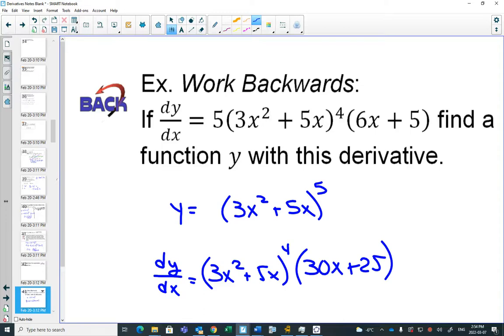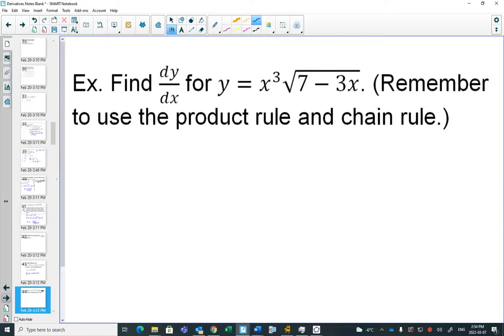Okay. We've done some basic chain rules. And now we can start incorporating and building our rules together. If I rewrite this, and you'll start to recognize that you'll often rewrite things, so you can use your power rule.